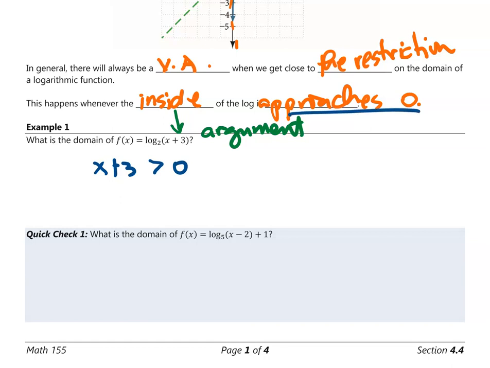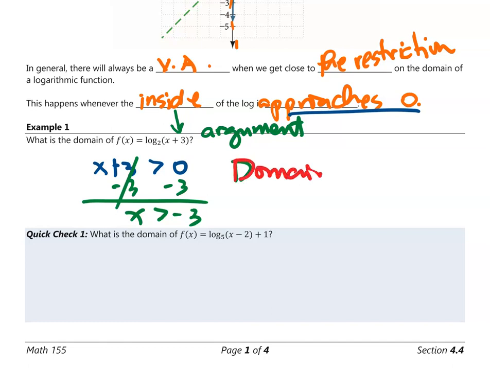So remember, it approaches 0, and solve for x. We subtract 3 from both sides. x is greater than negative 3. So the domain is from negative 3 to positive infinity.